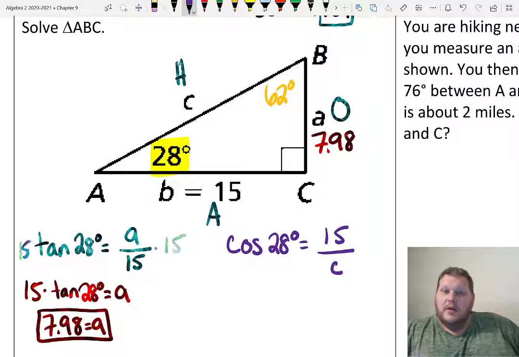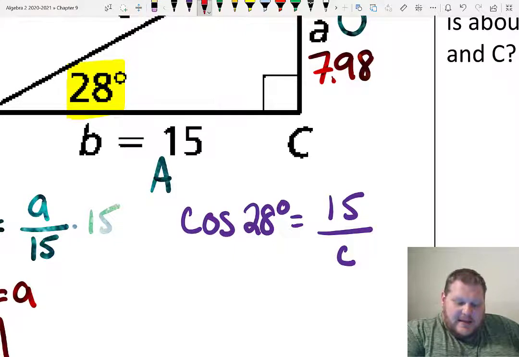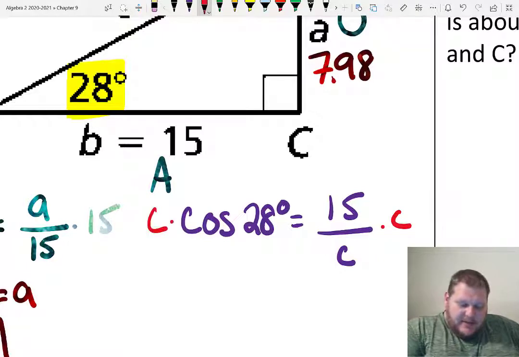Now, this one is a little bit trickier to solve because my c value is in the denominator, not in my numerator. So depending on how you want to look at things, if I'm trying to get the c out of my denominator, I'm going to have to multiply by c on both sides.